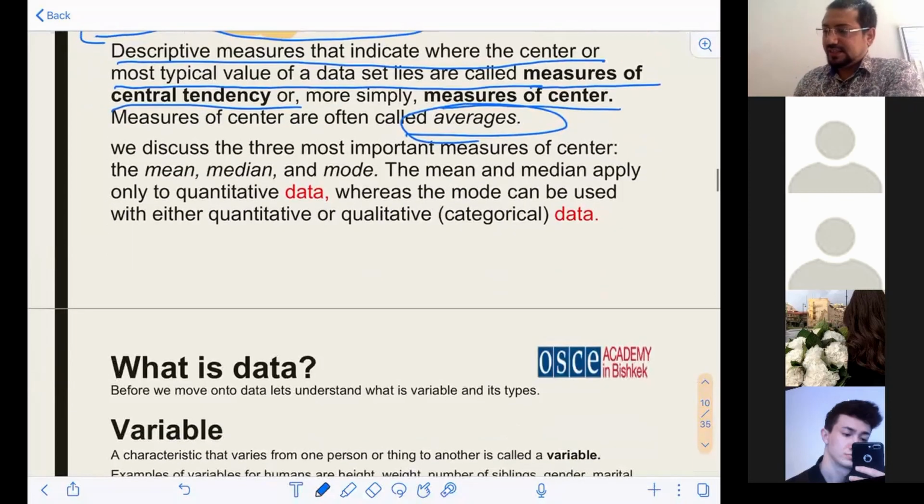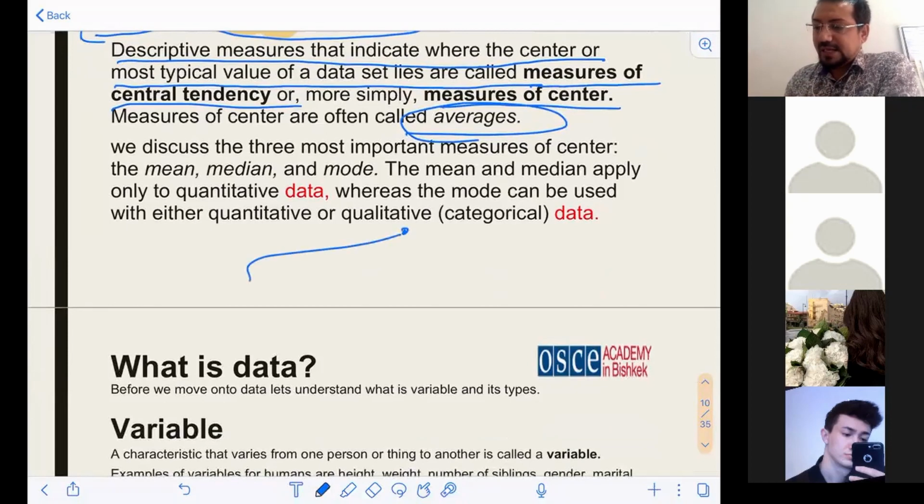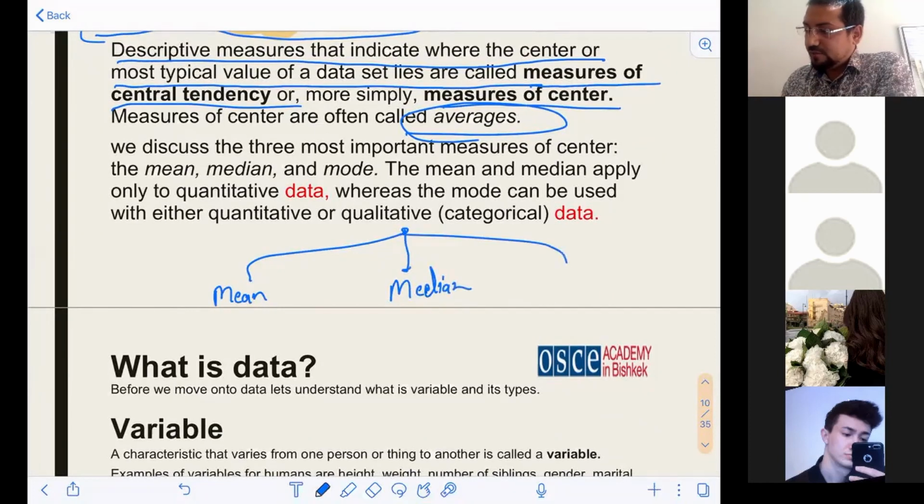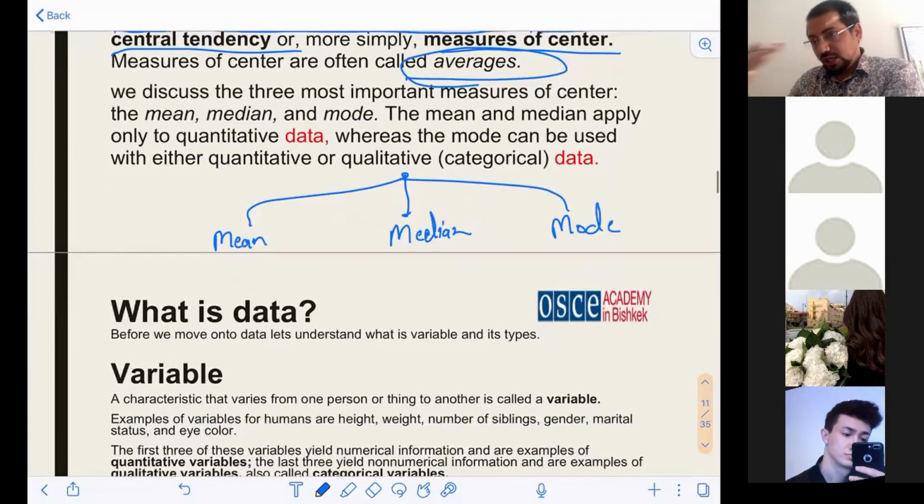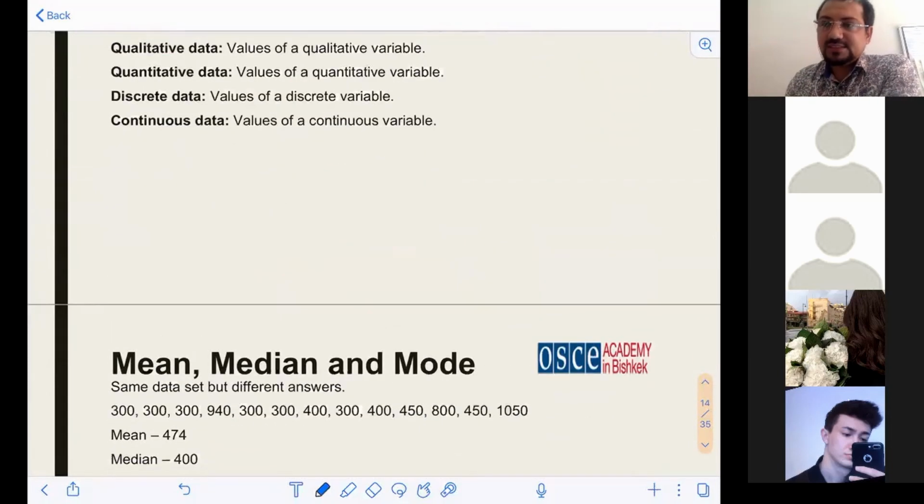Yesterday I was discussing that we have basically three types of averages: mean, median, and mode. All of them are averages, but how are they different? Let's say this is the salary of employees of a particular company.